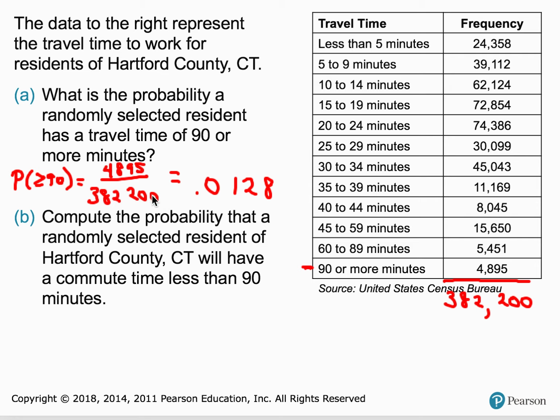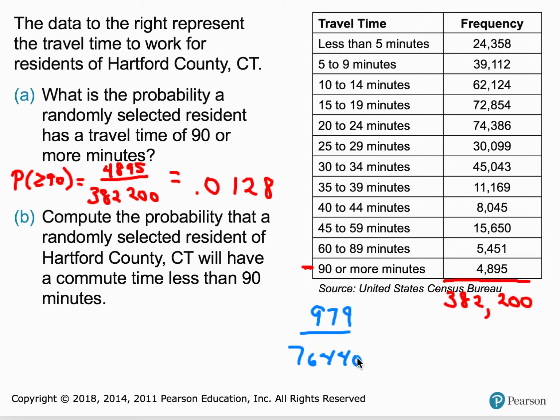But I know this is reducible because they're both divisible by 5. So let's just do an aside, just for those of you that need this help. I'm going to divide each of these by 5. 4,895 divided by 5 gives me 979. And then 382,200 divided by 5 gives me 76,440.